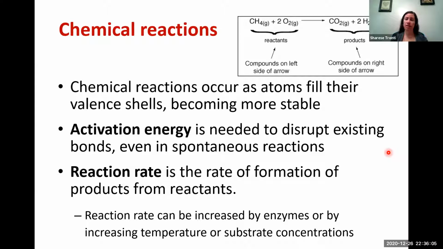A reaction rate can vary. It can be increased through the use of enzymes, which we see commonly in the body. Reaction rate can also be increased through increasing temperature, which we don't see too much in the body. It's pretty consistent, right? And also through increasing substrate concentrations.